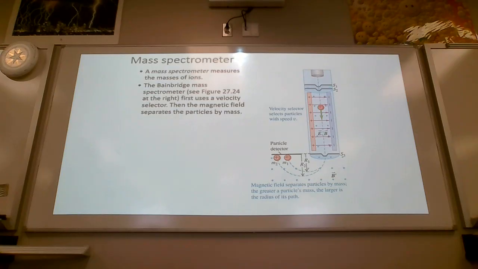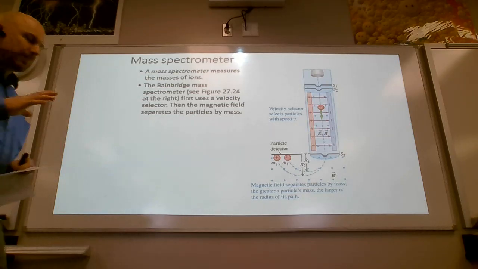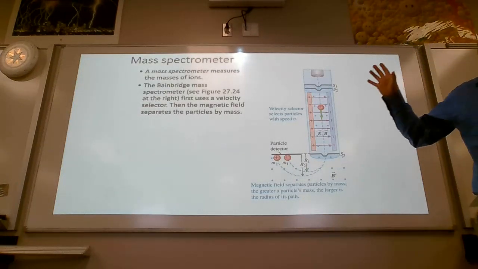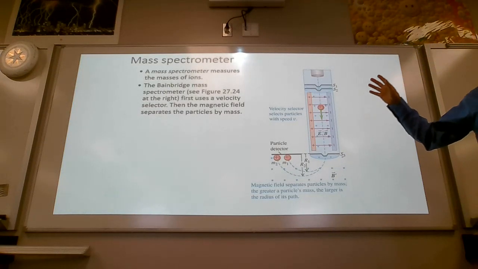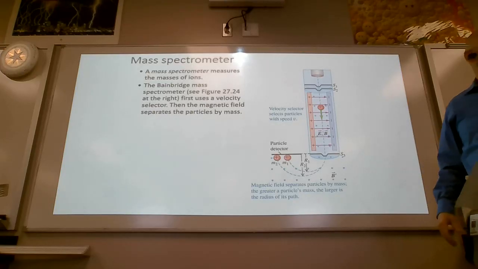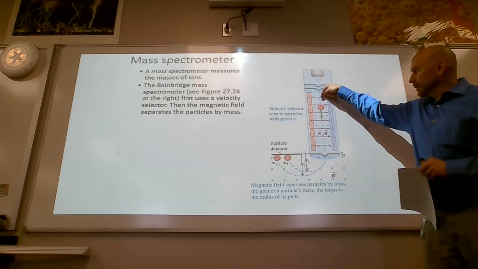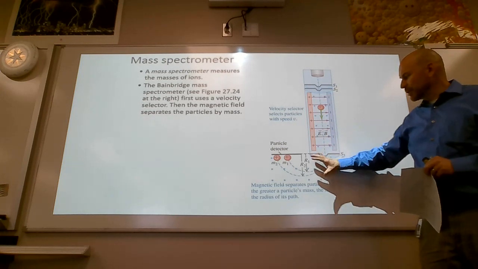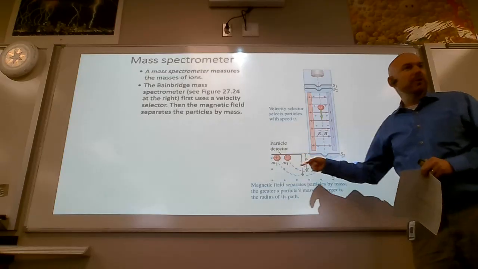On the old version of the AP, mass spectrometers constitute about 10% of the time; you see this scenario pop up. You shoot it through a velocity selector and then it hits this region where it's just a magnetic field and it goes in a circular path.